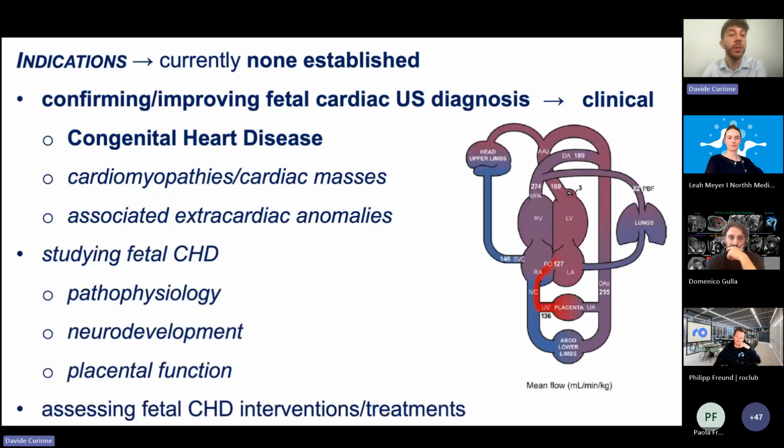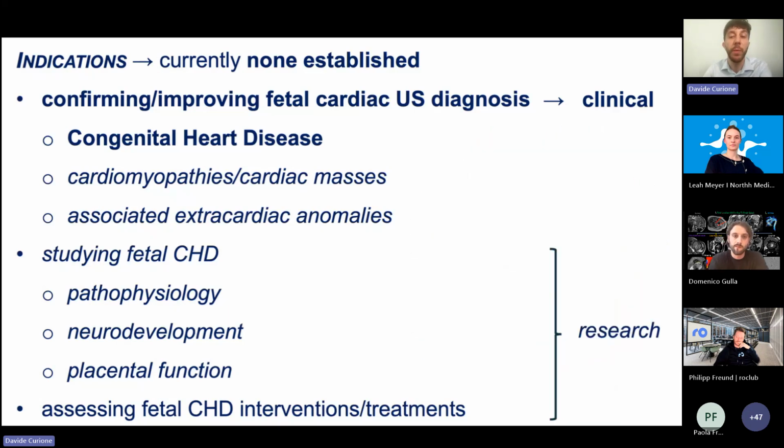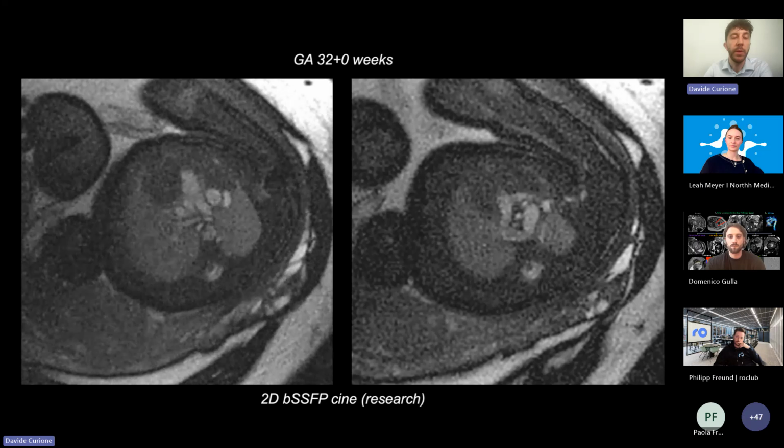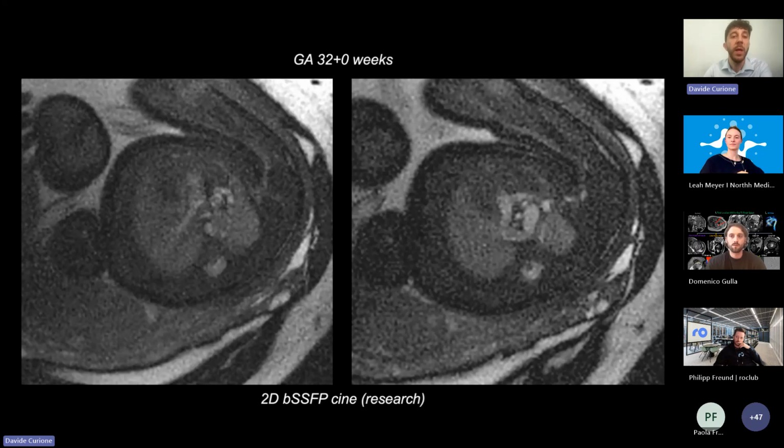All other applications, particularly studying fetal congenital heart disease, for example for flow distribution or oxygen content and delivery, remain research oriented. After this background, let's move to some representative cases.